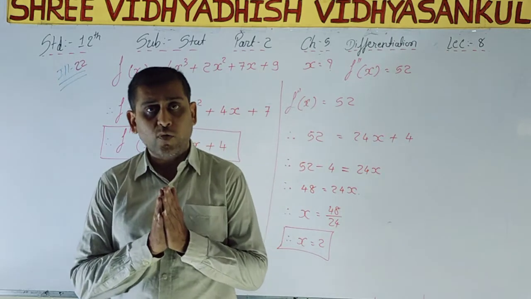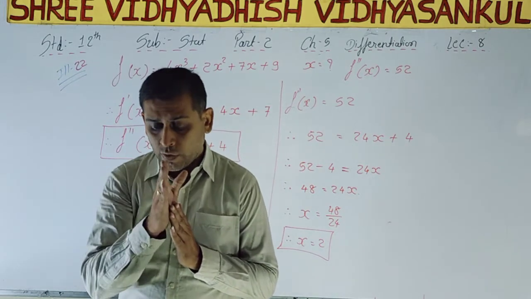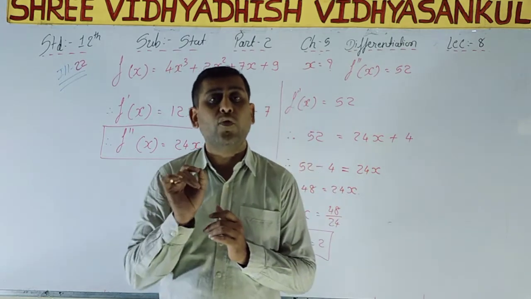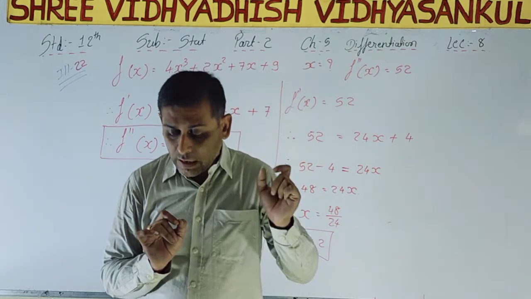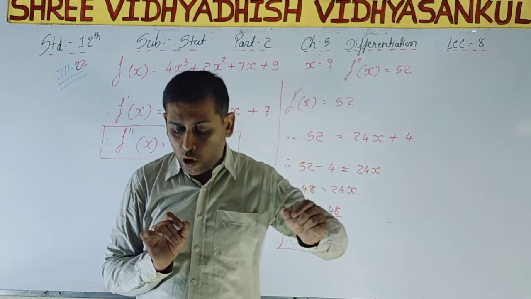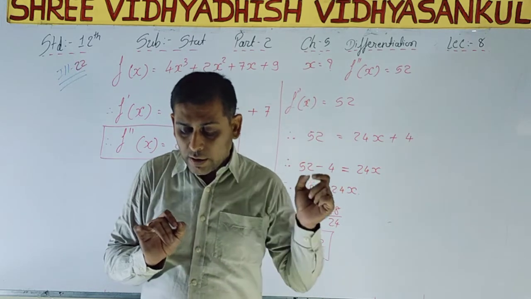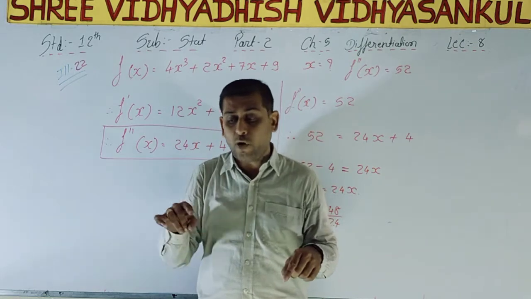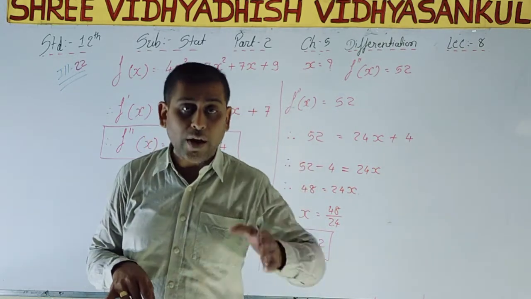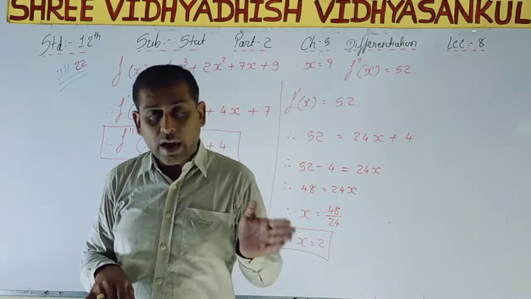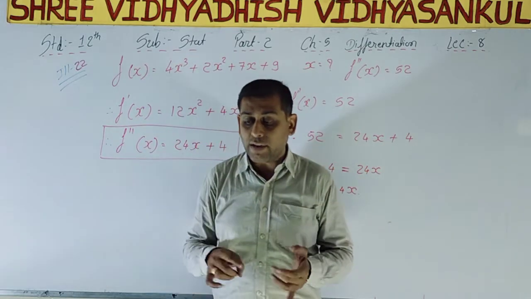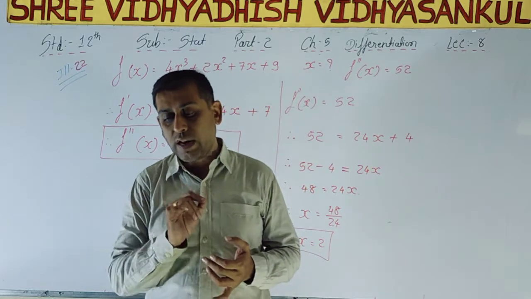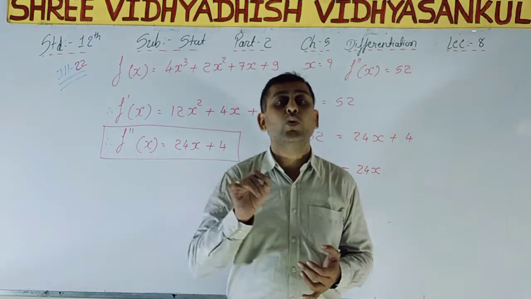Here, if h is a very small positive number, and if f of a plus h is greater than f of a, and also f of a is greater than f of a minus h, then f of x is said to be an increasing function at x is equal to a.